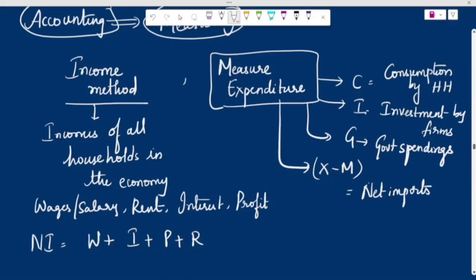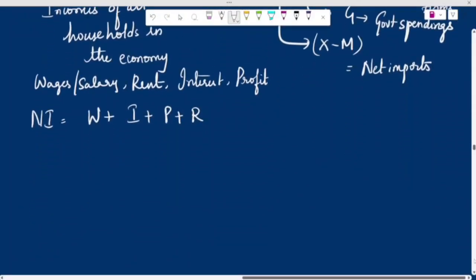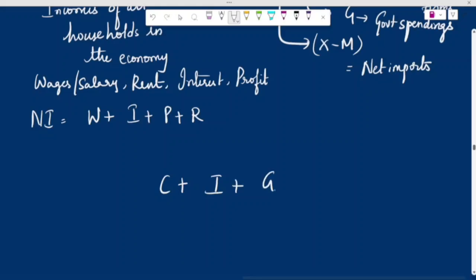If you differentiate that, then it is called net imports or net exports. So all of these things, C plus I plus G plus X minus M in the expenditure method.